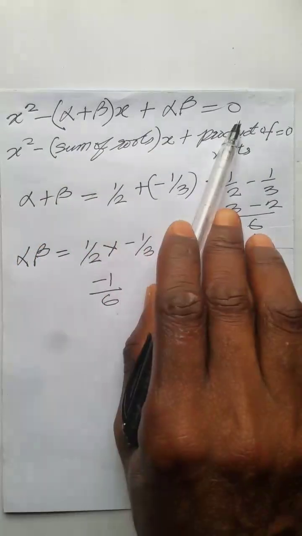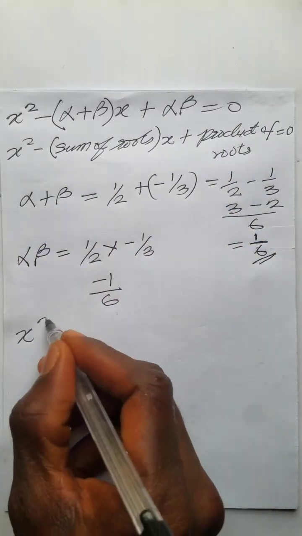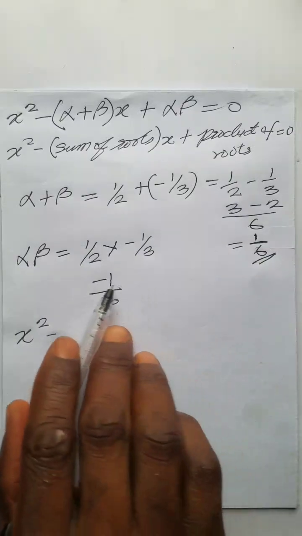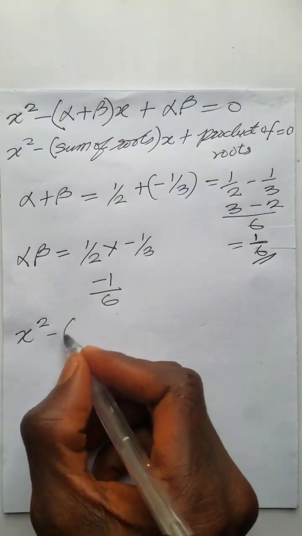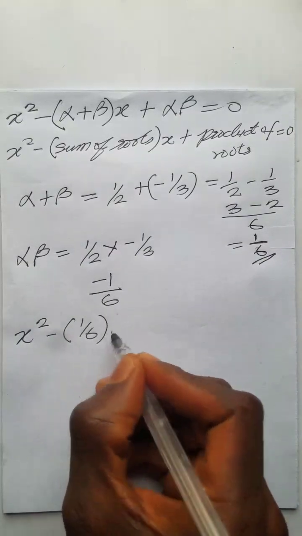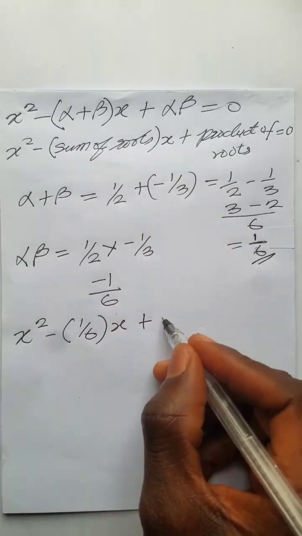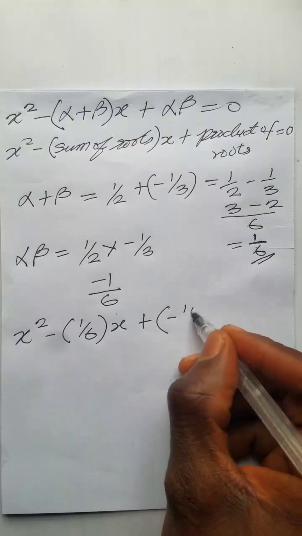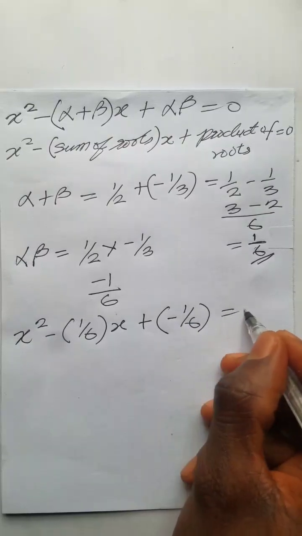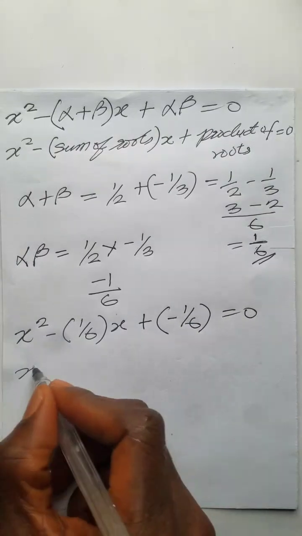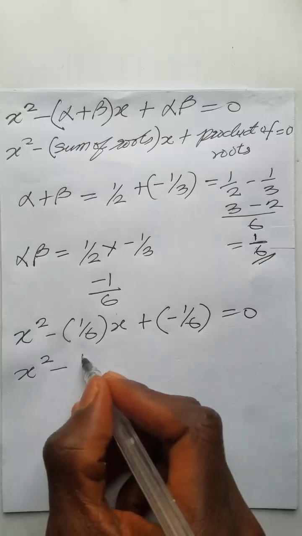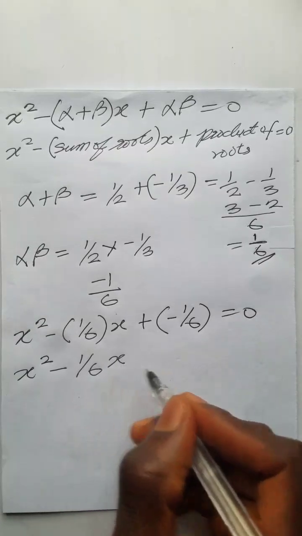We are going to put it back here. So we have x squared minus sum of roots, 1 over 6 x, plus product of roots, minus 1 over 6, is equal to 0. So this is 1 over 6, bringing it out of the bracket.